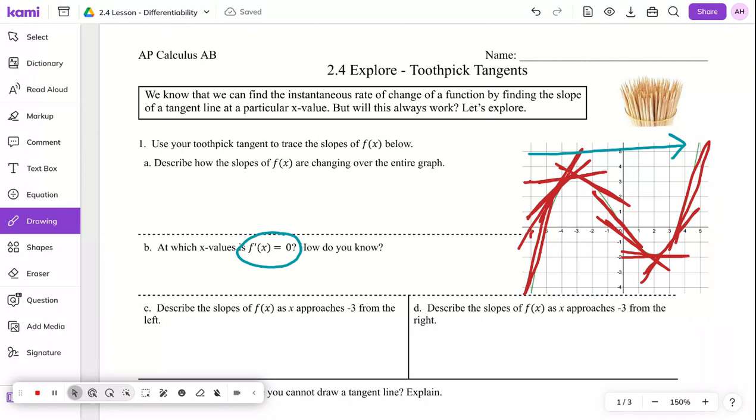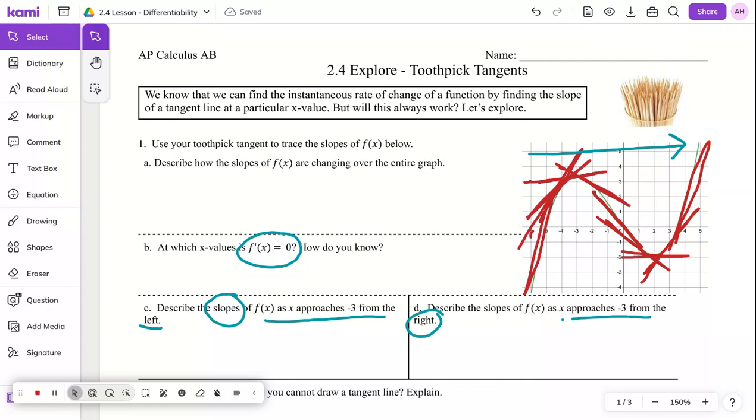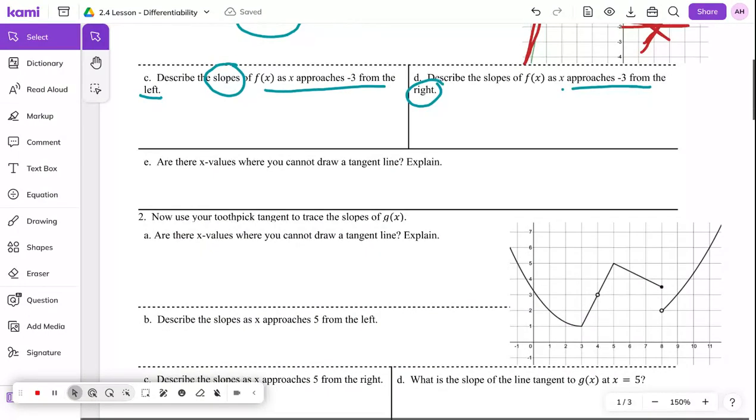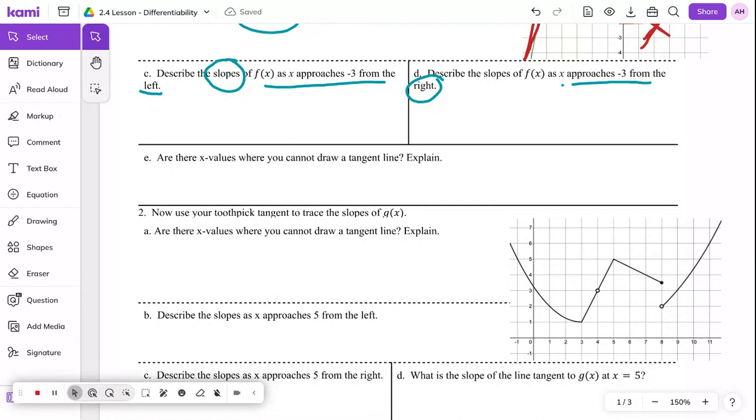Describe the slopes of f of x as x approaches -3 from the left. So slopes from the left. Same idea, approaches -3 from the right. This feels very limity, etc. Are there x values where you cannot draw a tangent line? Explain. Then you're going to do the same thing for problem 2.